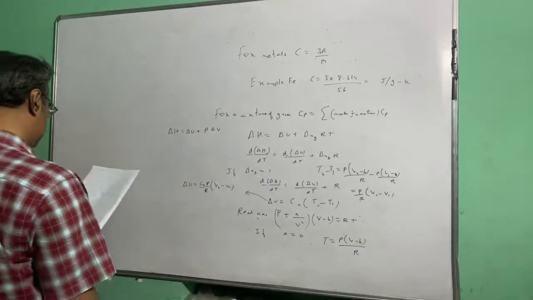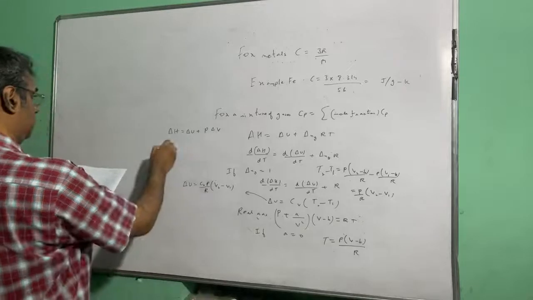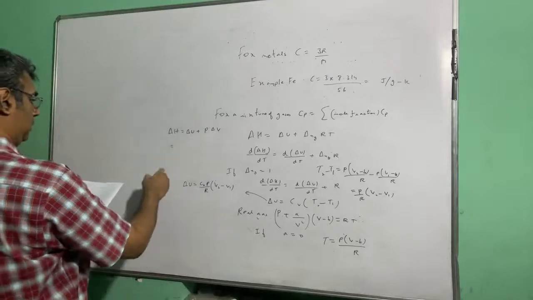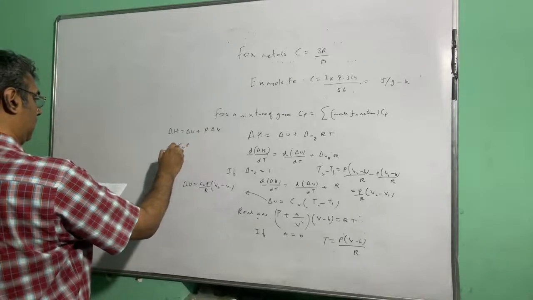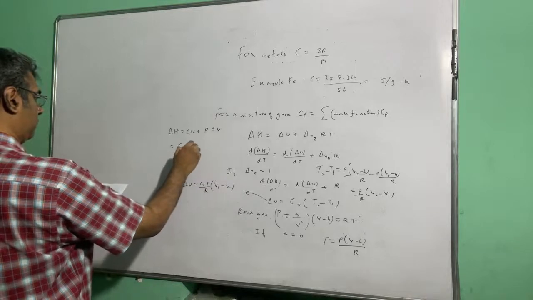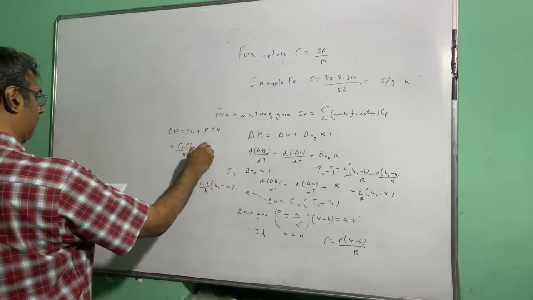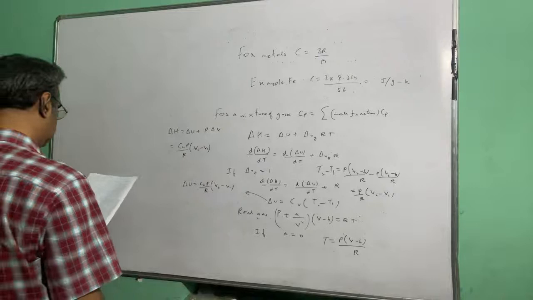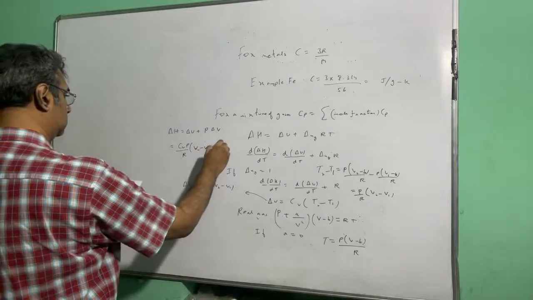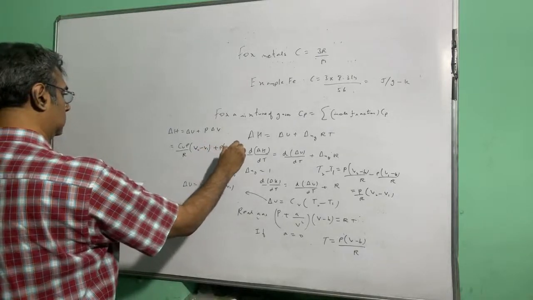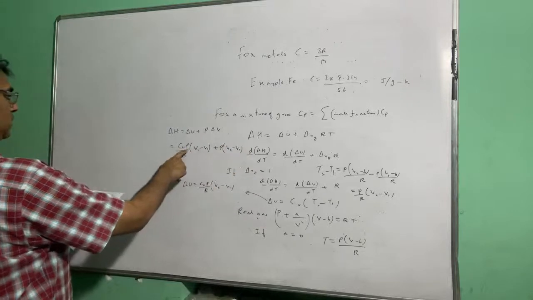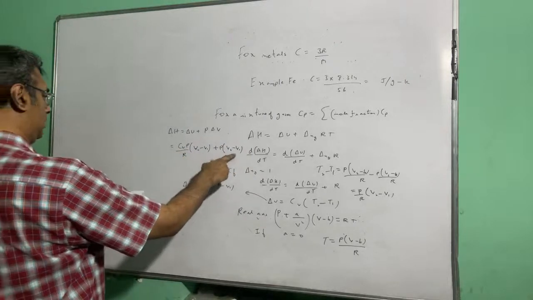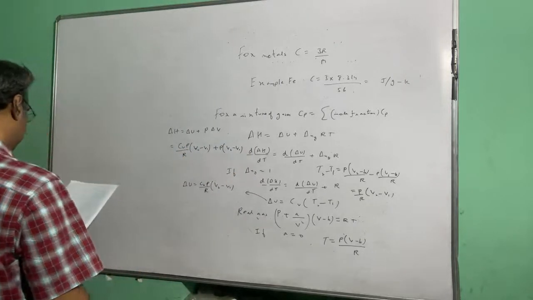So delta H is delta U plus P delta V. Over here delta U you can replace it. So delta H will be Cv into P by R into (V2 minus V1) plus P into (V2 minus V1).